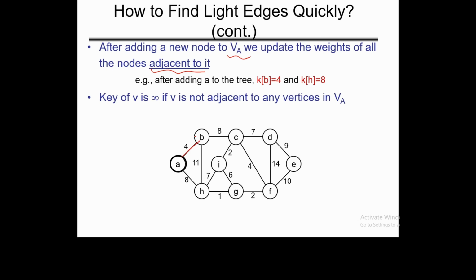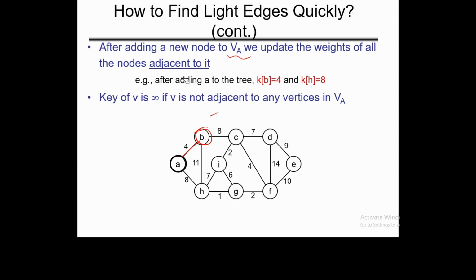Now suppose we denote the parent by pi; when we add this node, the parent of B will be A. The other thing, the key or edge weight, that is the distance part, will also be set after adding this node into the MST set.